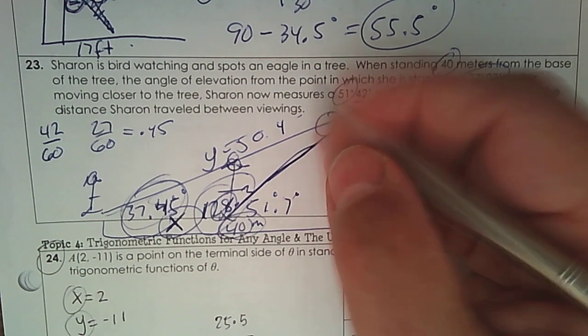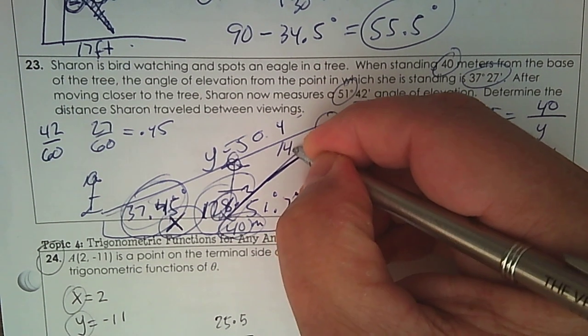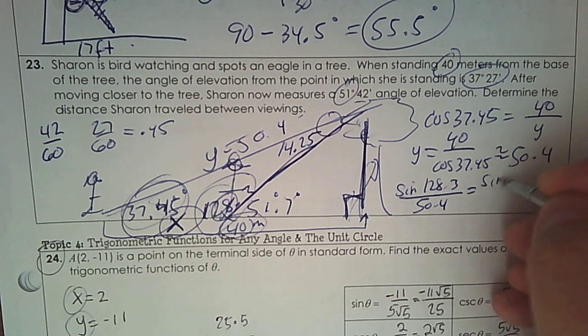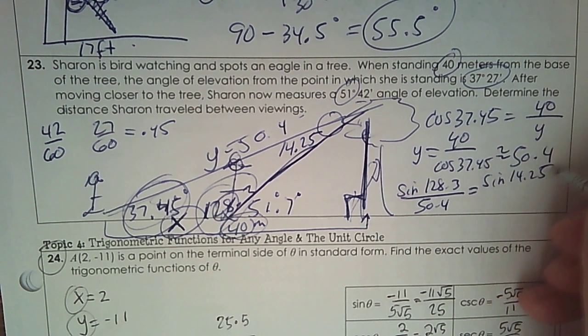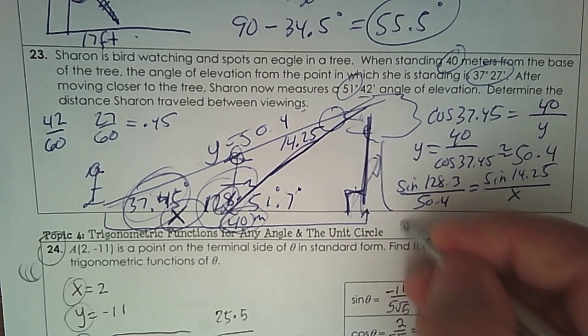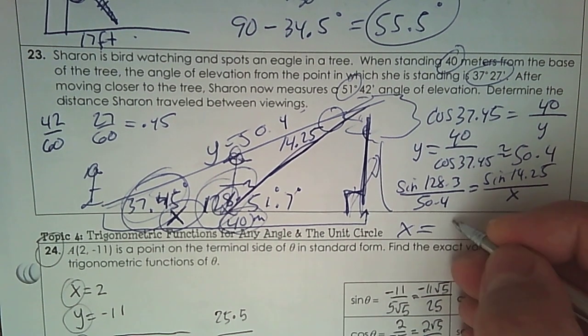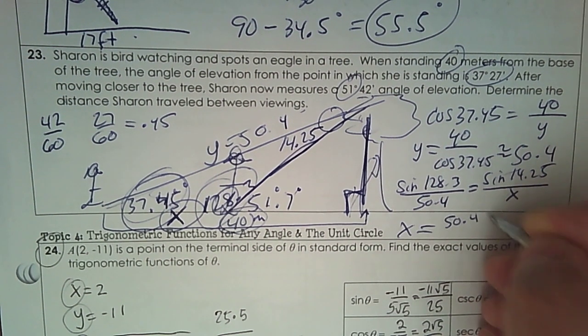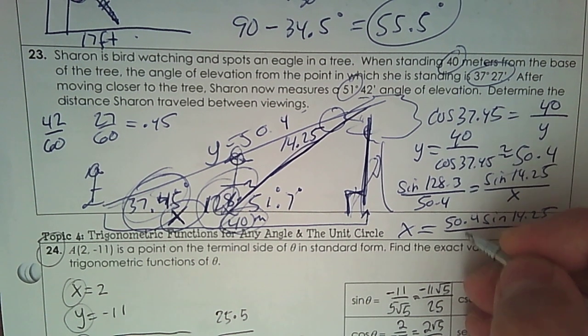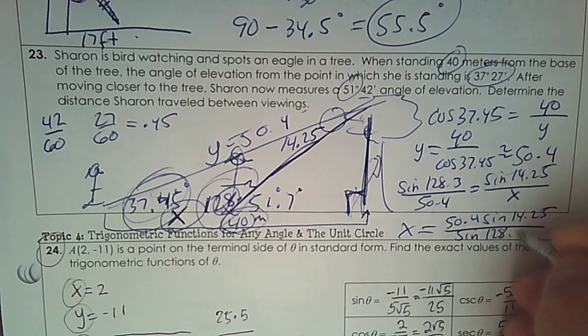And then the little angle up here they found is 14.25. So it's sine 14.25 over what I'm looking for, x. To get x by itself, I'm going to multiply 50.4 times sine 14.25, and then divide by sine 128.3.